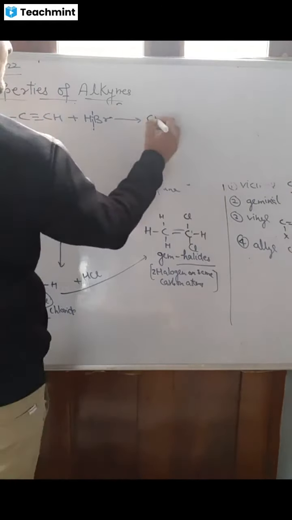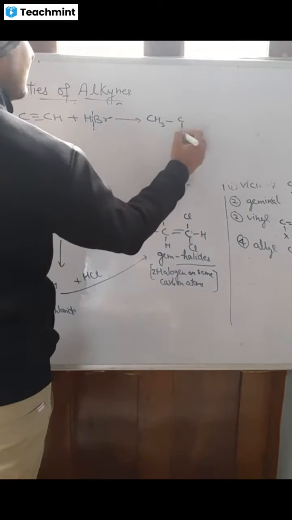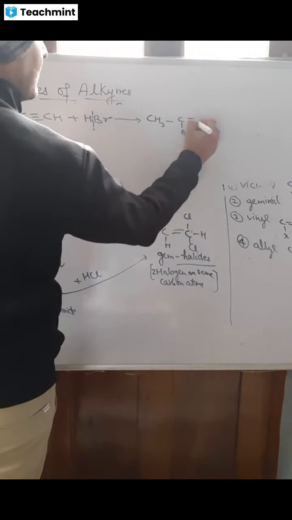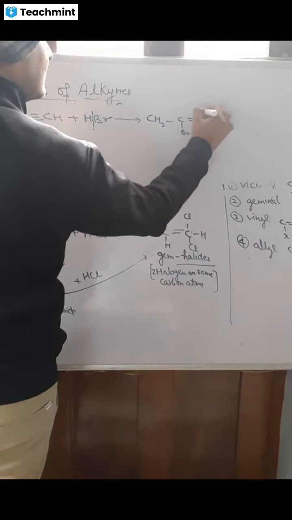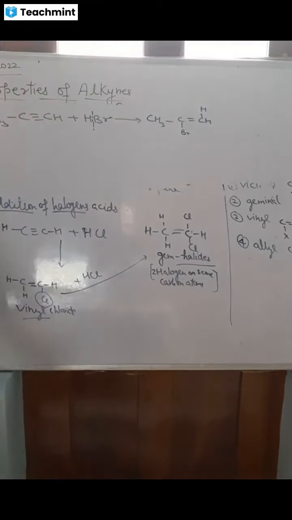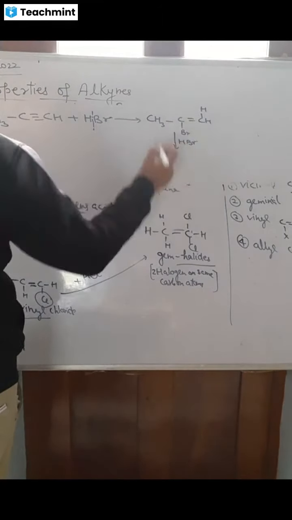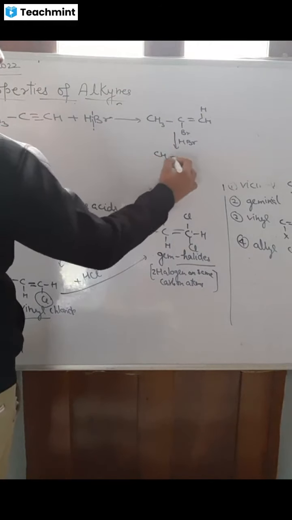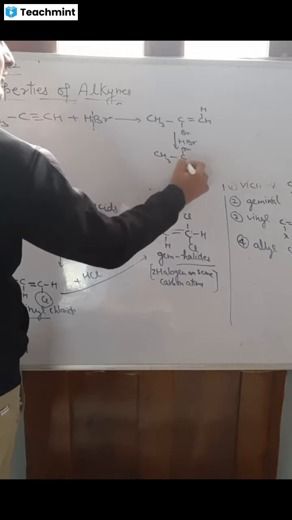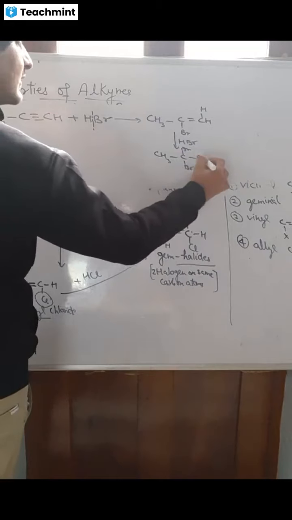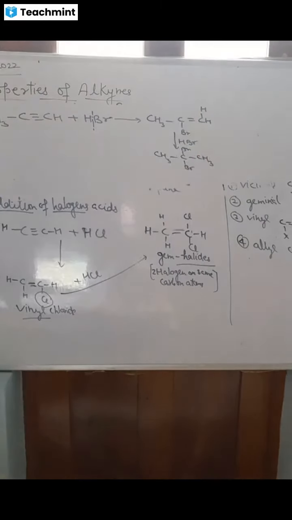So first you get CH3, CBr, double bond CH. When you put HBr again, it goes to the carbon with fewer hydrogens, so CH3, CBr, Br, CH3. In that case we get the geminal dihalide.